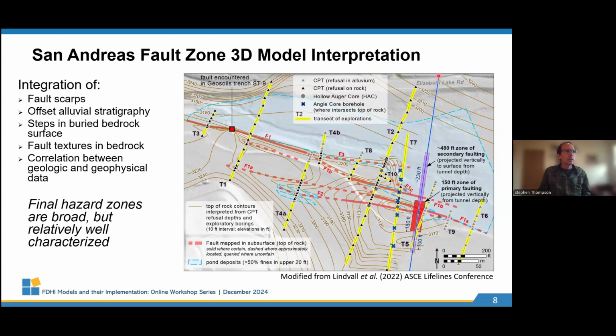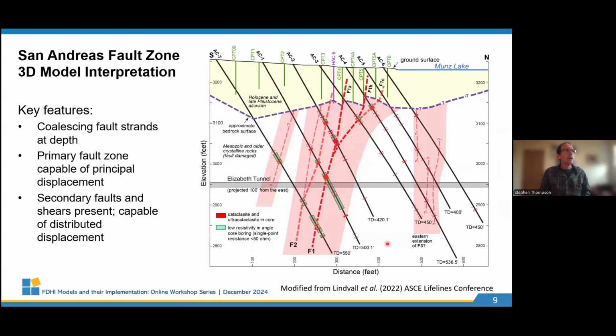And so what we see here in blue, this is the map projection of the tunnel, and the final hazard zones are highlighted by both the purple and the red. And so we ended up with fairly broad hazard uncertainty zones at tunnel depth for this facility, but they're relatively well characterized. And we'll see where this comes in a moment.